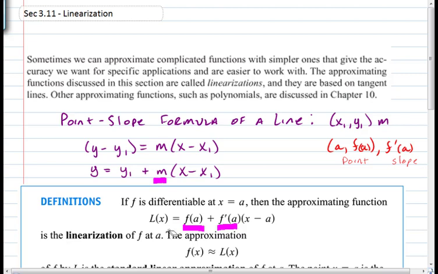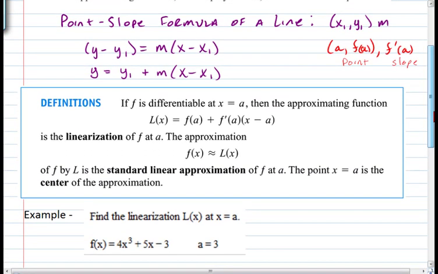So this linearization formula came from the point-slope formula from Algebra 1 in high school. Maybe Algebra 2, I don't know where they teach it. Some algebra class way back in the dusty bookshelves of your brain. Not for everybody. My kids didn't take algebra in 8th grade.